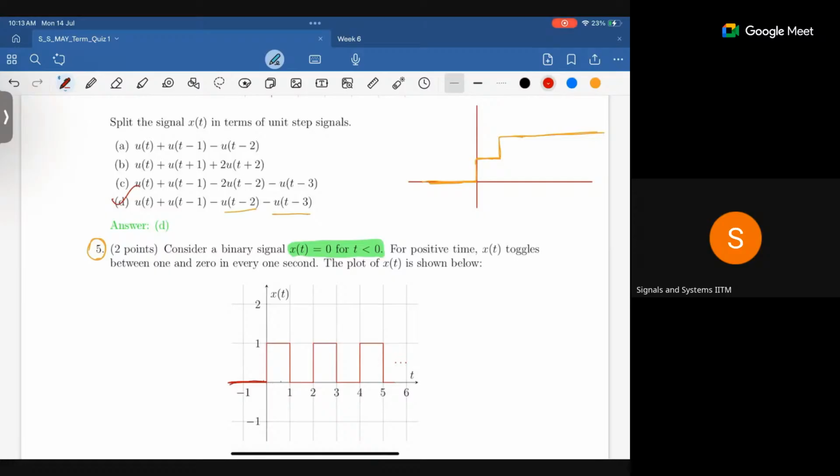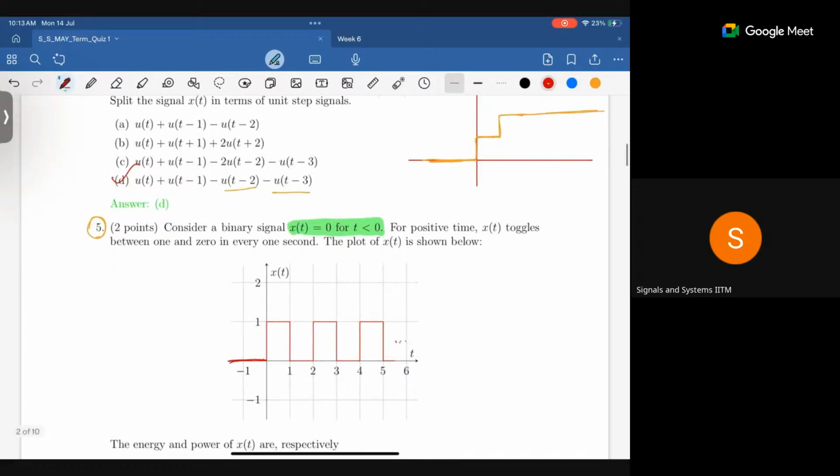So 1 0 1 0 1 0, and it goes on. There are three dots, and it says that it goes till infinity. So what we are asked is the energy and power of this signal.